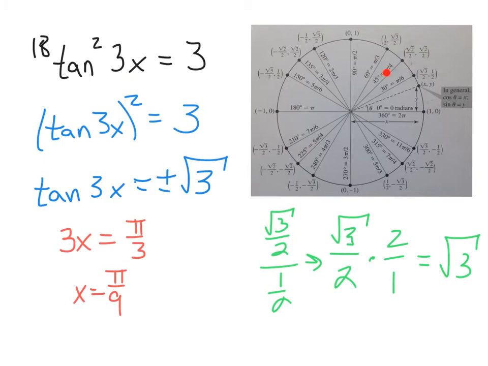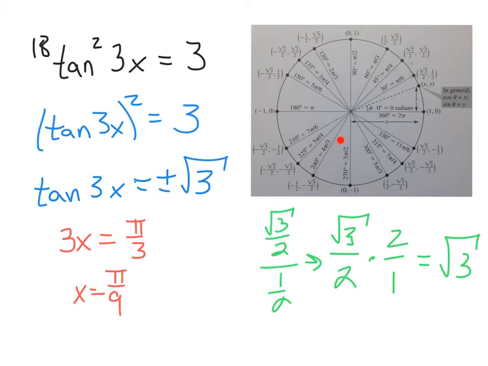Okay, so this was a positive divided by a positive. These are negatives divided by negatives. And so we need the same situation, where the y is divided by the x. So then we're down here. Negative radical 3 over 2 divided by negative 1/2 would give us a positive radical 3.